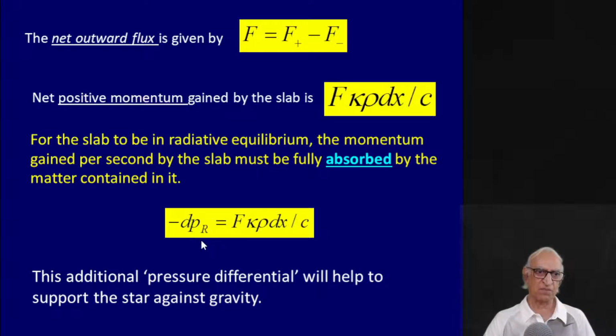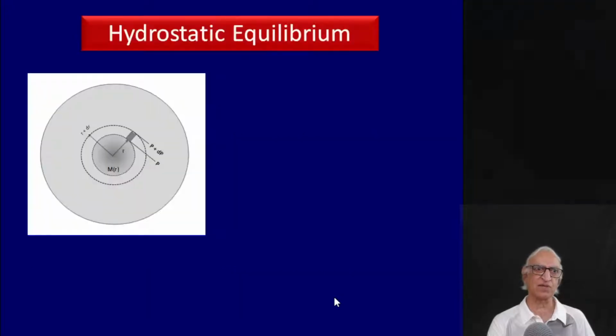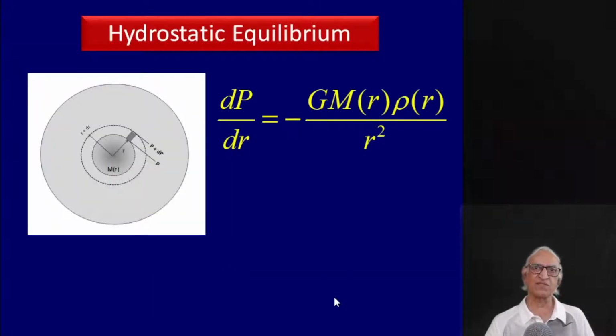Now this pressure differential due to radiation will be an additional pressure differential which will help to support the star against gravity. What do I mean by that? Let's go back to our equation of hydrostatic equilibrium. We said dP is the pressure differential between the bottom and the top surfaces of this elementary cylinder, and that is our equation of radiative transfer.